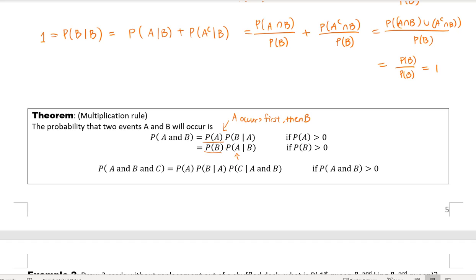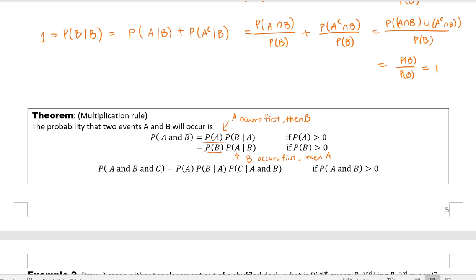And the probability of A and B and C: A occurs first, after A occurs, then we have B, and after A and B occur, we have C.